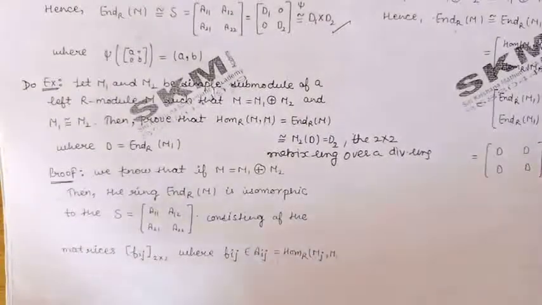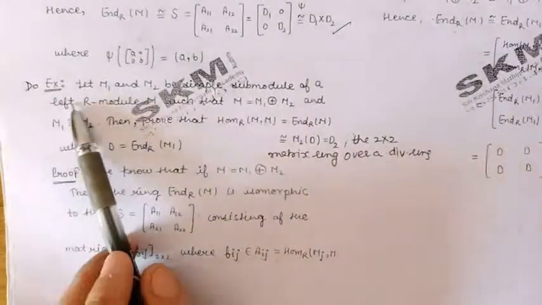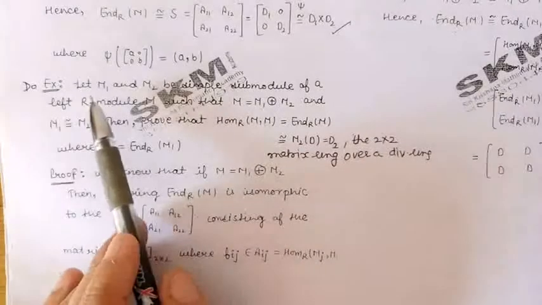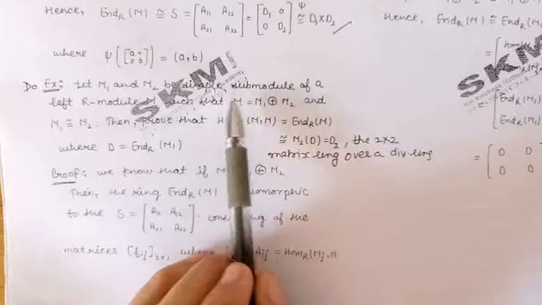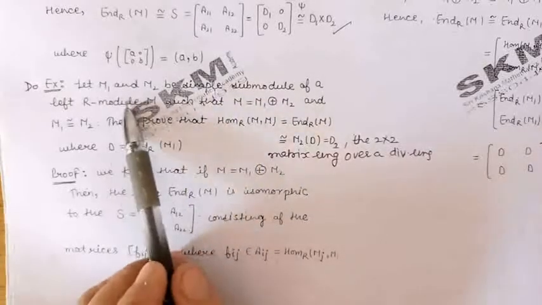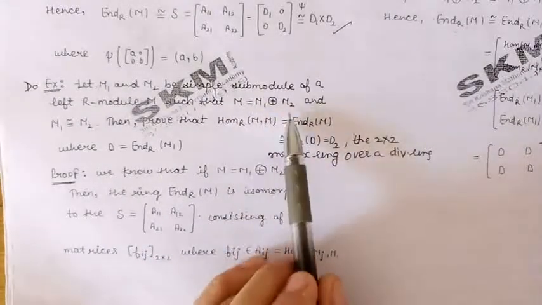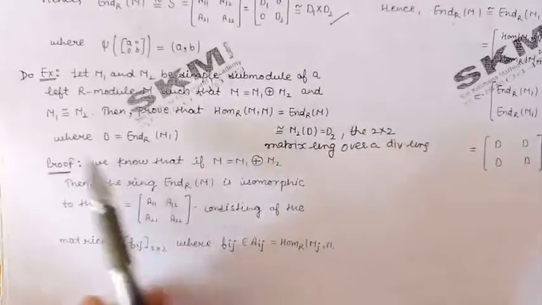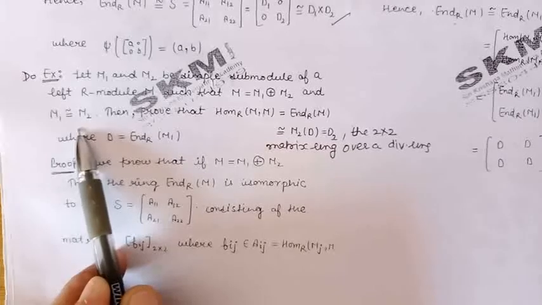Now there is another exercise related to the same theorem. In this problem, M1 and M2 are isomorphic simple modules. So the problem is: M1 and M2 are simple submodules of an R module M, such that M is the direct sum of M1 and M2. Here M1 and M2 are isomorphic.